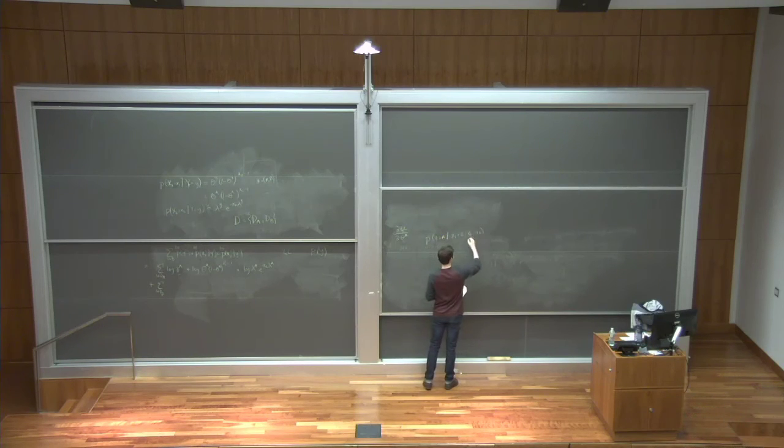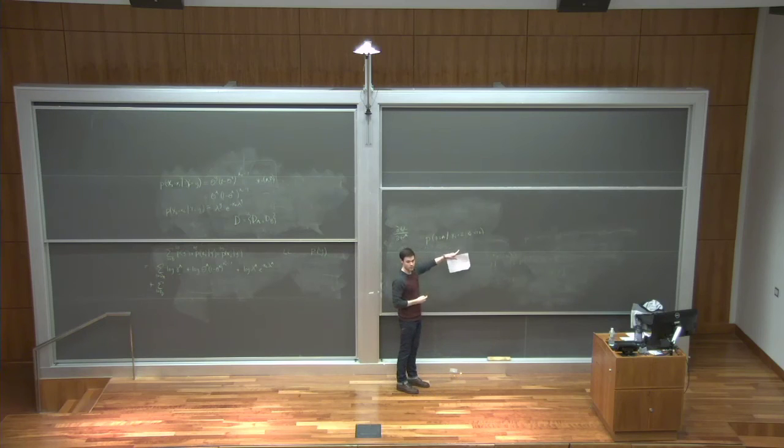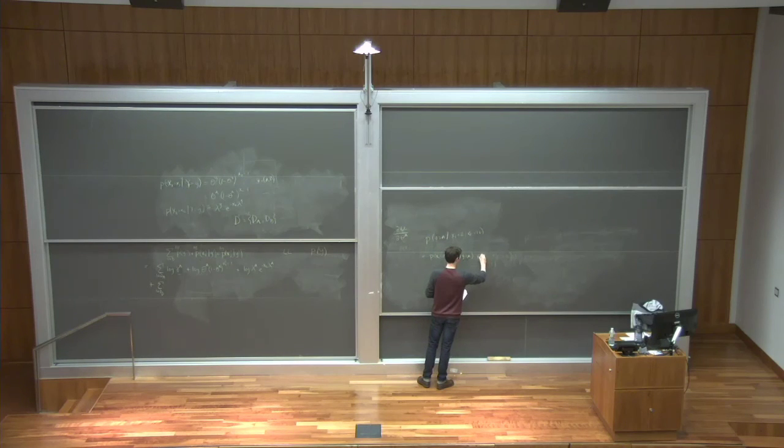The way that you should do this is that you should use Bayes' rule to flip them. So it'll be the probability of x1 equal to 2, x2 equal to 16, given y is equal to A, times the probability of y is equal to A, all divided by the probability of x1 equal to 2, x2 equal to 16.